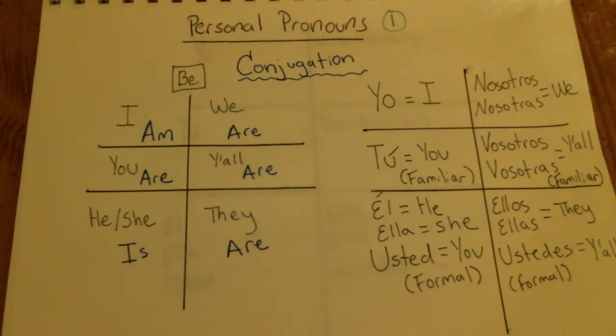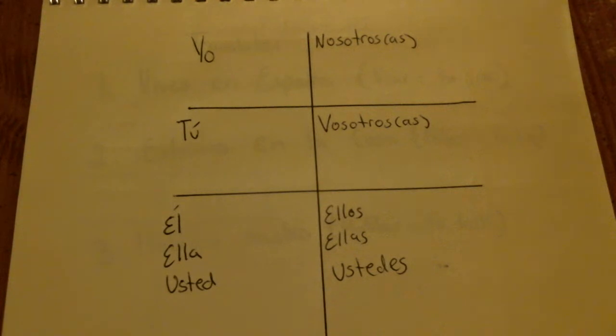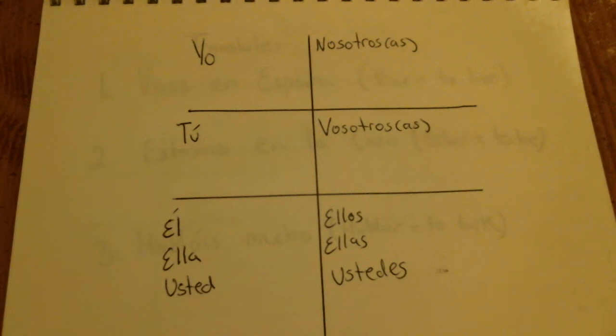The personal pronouns let you know who is doing the action. Now let's move on. Here is a list, or another 6-box. I have already populated it with the different subject pronouns, or as we call them, personal pronouns.